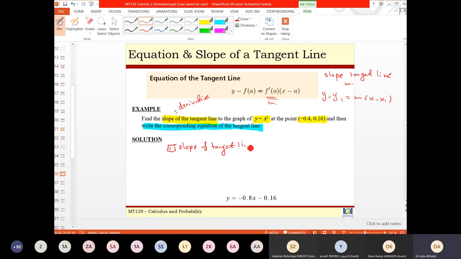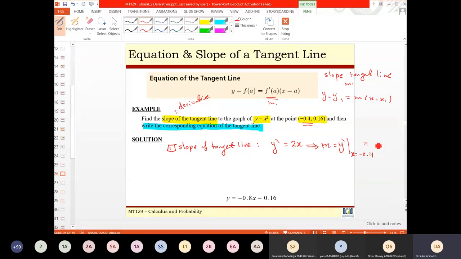So I have to find y dash, which equal in this case to 2x, صح? And from this, I get the y dash or the slope اللي هو m. Let me call it على طول. It's m. It is nothing but y dash at the point and the x. What's the x here? It's minus 0.4.